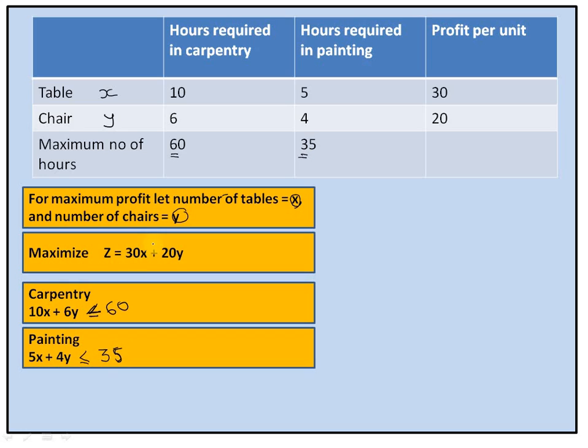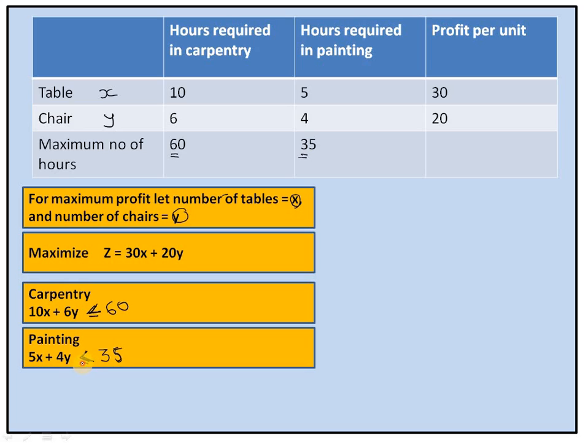That means I have to maximize Z, find out X and Y in such a way that this Z is maximum, but I have got constraints. 10x plus 6y should be less than or equal to 60. 5x plus 4y should be less than or equal to 35.